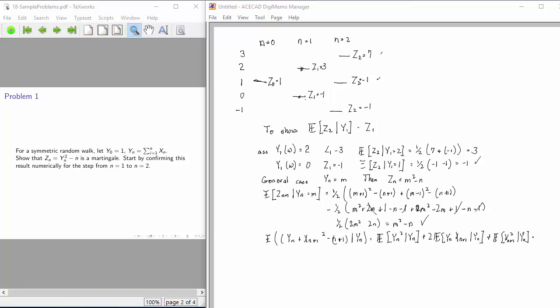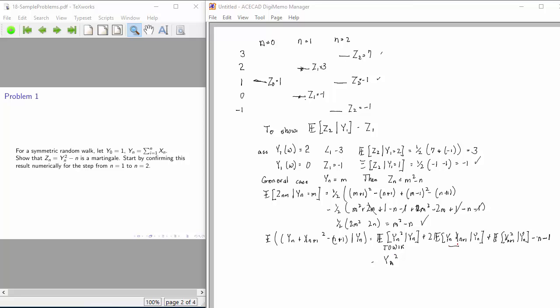And I'm sure you'll believe me when I assert that the expectation of n plus 1 conditioned on yn is n plus 1. Okay. Now, let's use our rules. Taking out what is known, yn squared is certainly constant on any specific value of y sub n, so that's just y sub n squared.